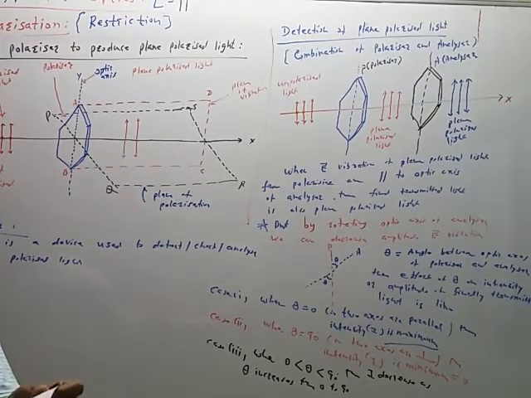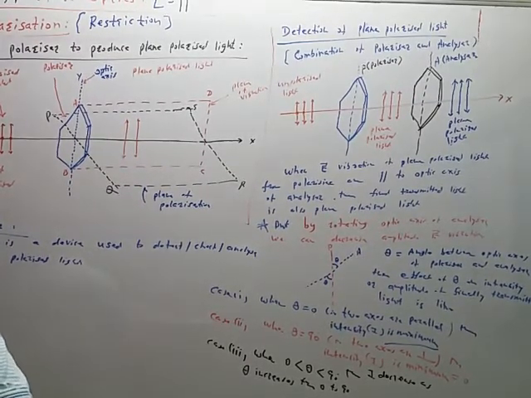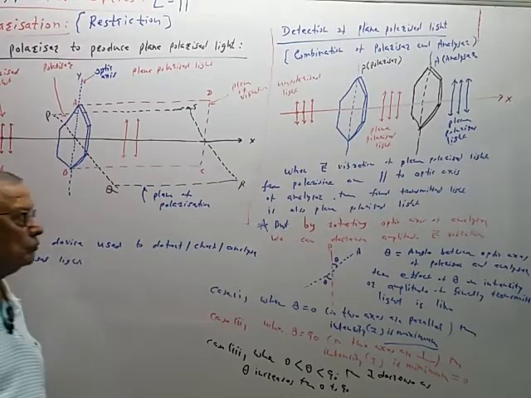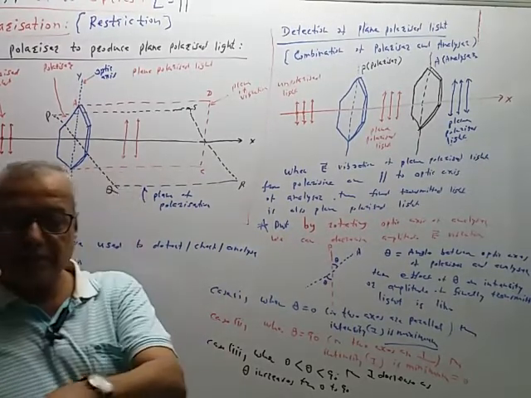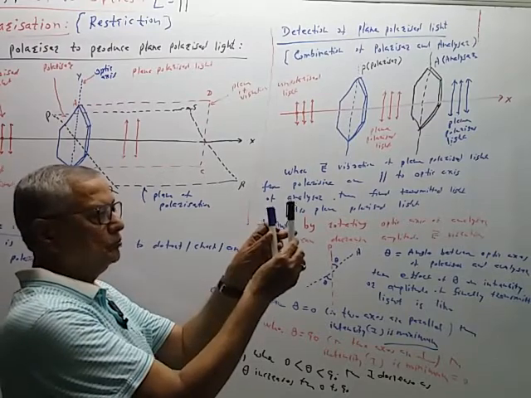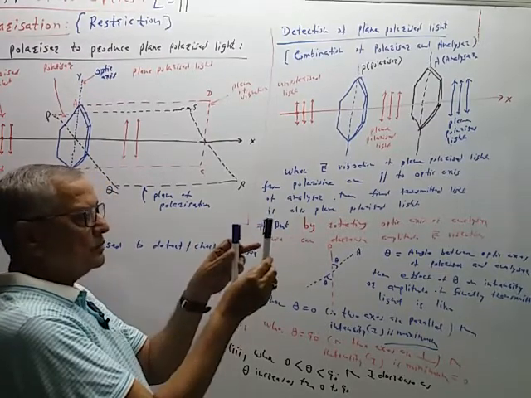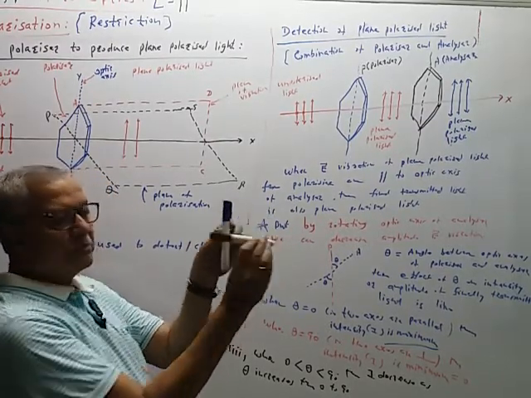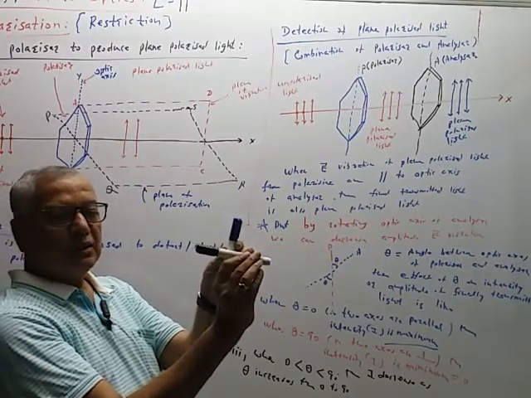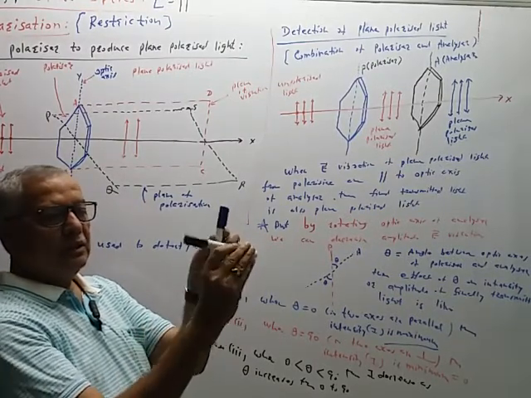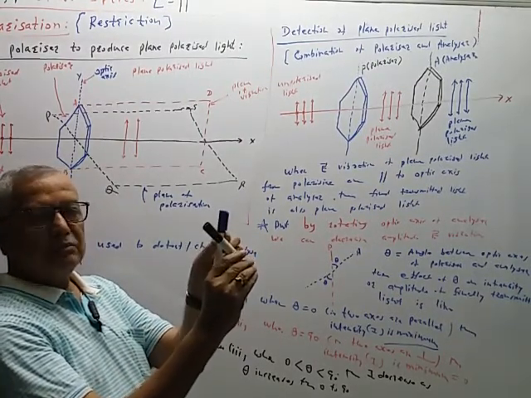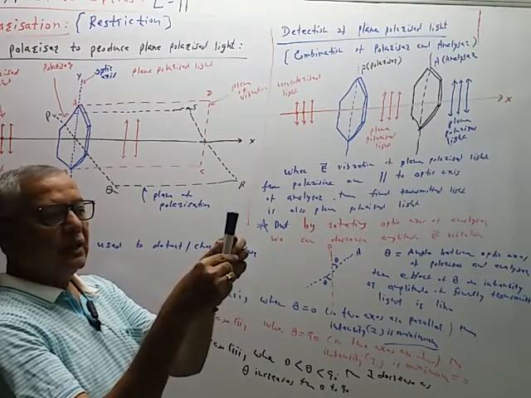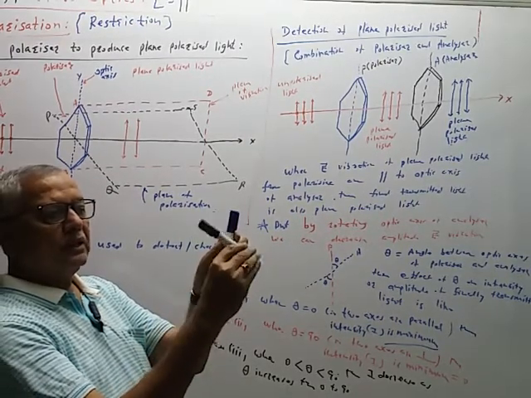When the two axes are parallel like this, the transmitted light has maximum intensity. When the two axes are perpendicular like this, the intensity becomes zero. The intensity lies between maximum and minimum as the angle increases from 0 to 90 degree.